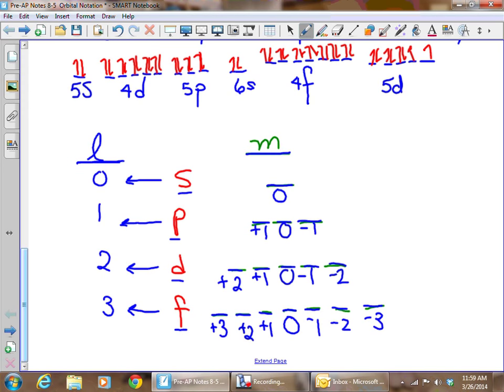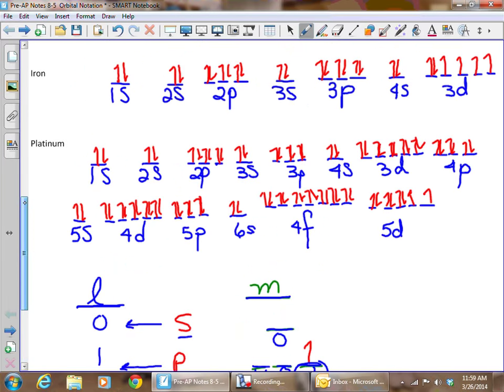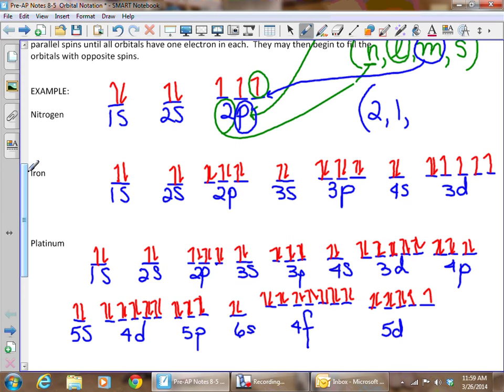So, now that we know we're dealing with a P sublevel, and the electron that we are discussing in the above example is in this final blank, I think you can see that that orbital is given a designation of -1. So going back up to our example, our third quantum number is a -1.